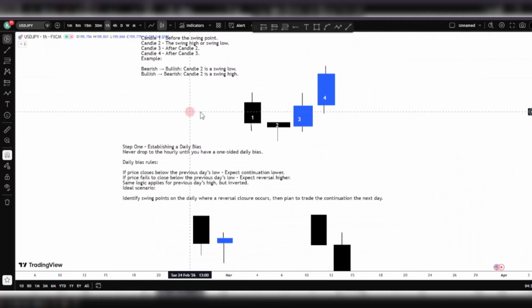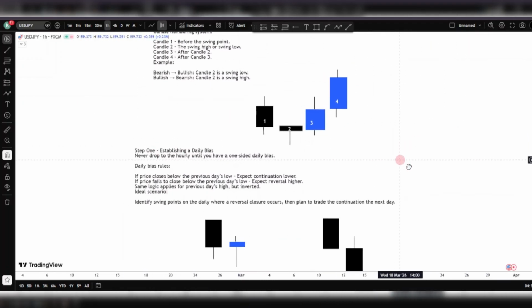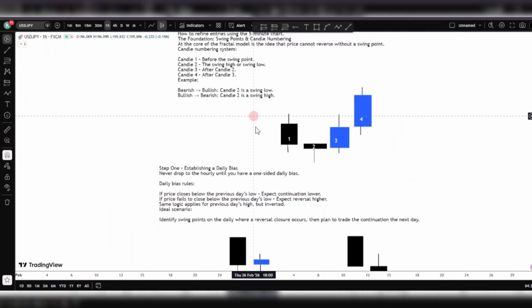Now coming down to how we do analysis from up to down, that is top down analysis. Step 1 is to establish our daily bias. We want to start by establishing our daily bias, and you can never drop to 1 hour until you have a one-sided daily bias.